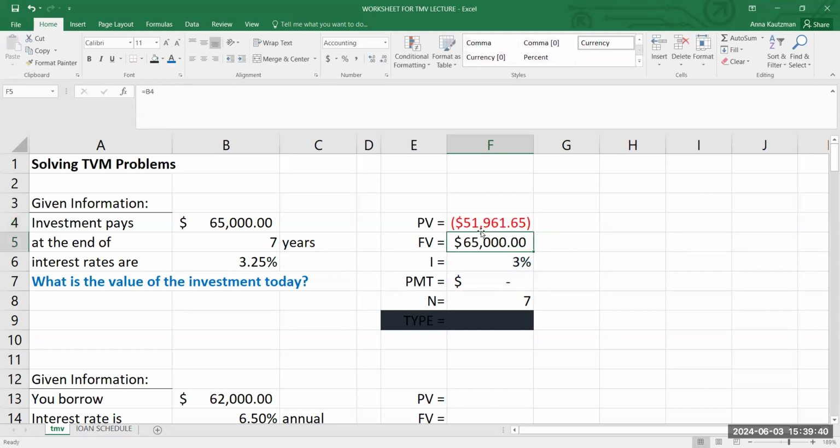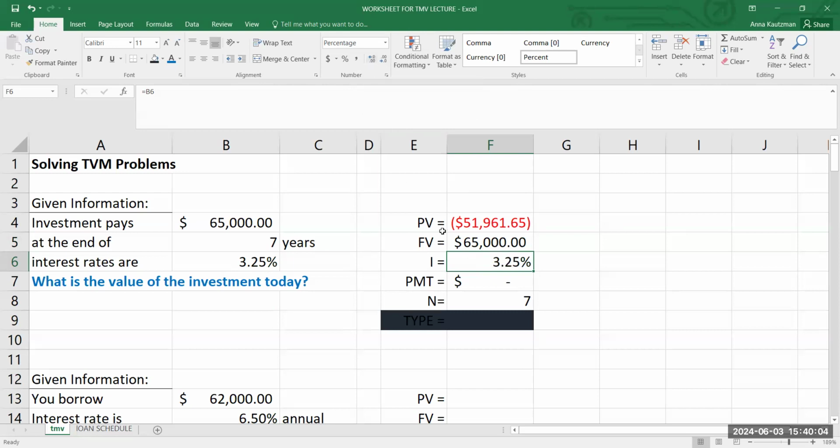Now, two things. One, the interest rate was 3.25%, but here it only shows 3% because you have to set it for 2 decimal places. To fix the display, simply come up to the command ribbon to the number group, and there is an option to increase or show more decimal places.